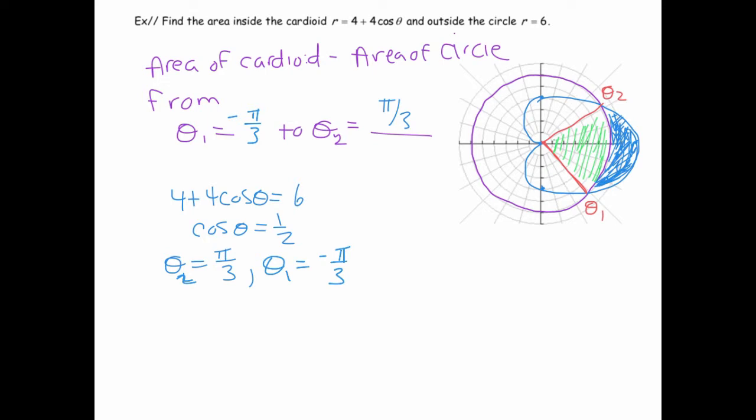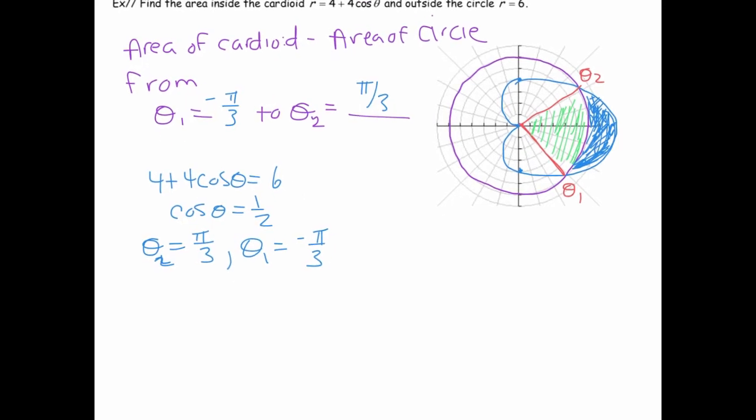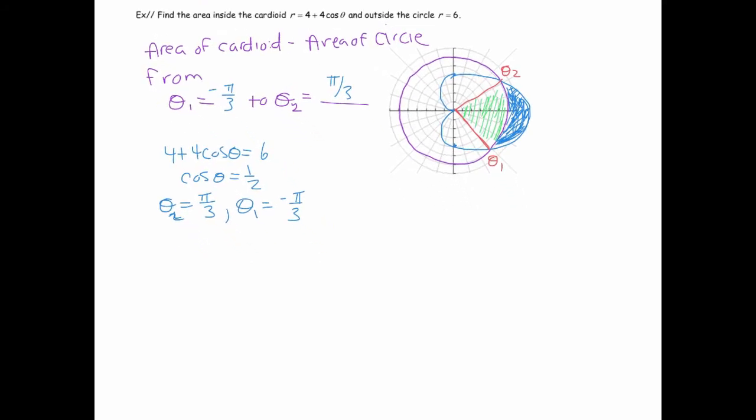So this integral, if we set it up, the area inside the cardioid is going to be from negative pi over 3 to pi over 3, 1/2 r squared. So there's our cardioid area, but we're going to minus the area inside the circle.